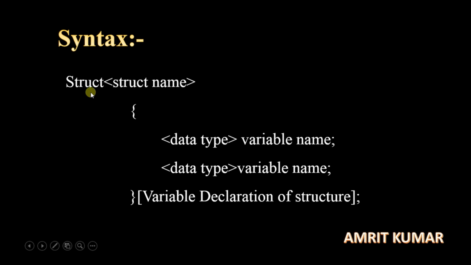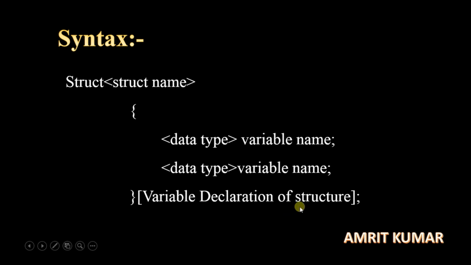So I am creating it with struct and the structure name, then open the curly braces, and write the data type and variable name. The variable name is going to carry this data type which you want to create. Then finally close it and use the variable declaration of the structure.